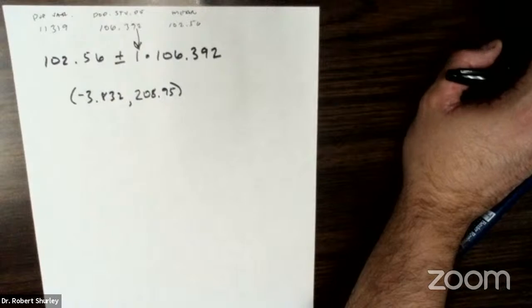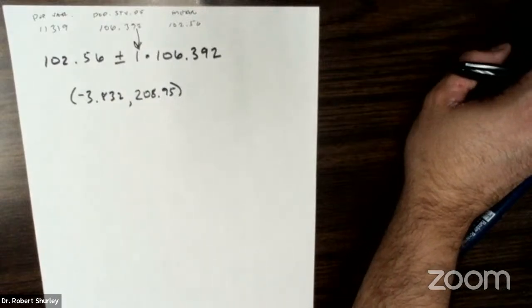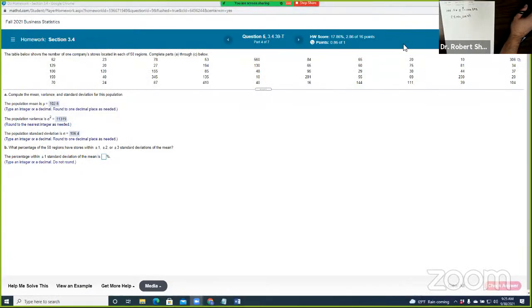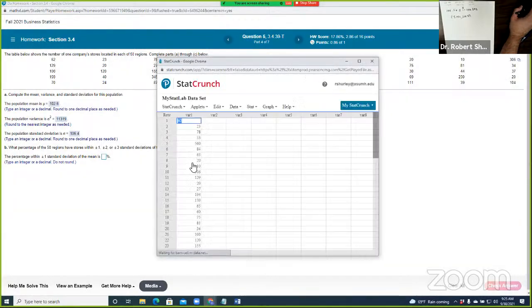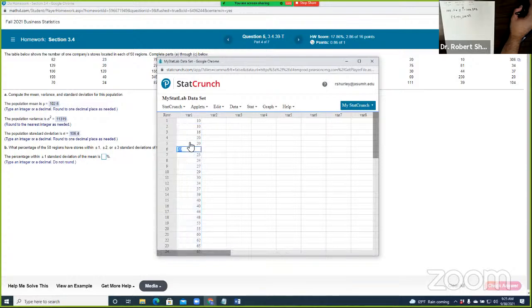So I'm going to go back to my screen here. Let me share my screen again. And I'm going to bring StatCrunch up. And then I'm going to take this, because this is all my data right here in StatCrunch. I'm going to sort it ascending or descending, doesn't matter.